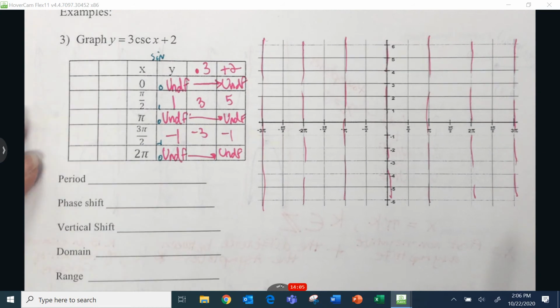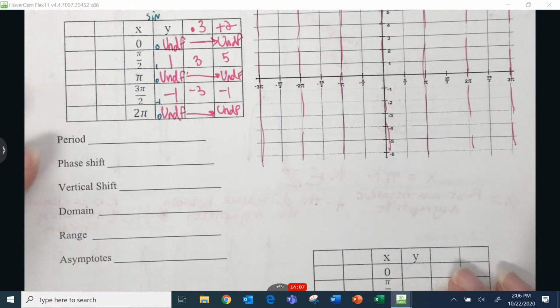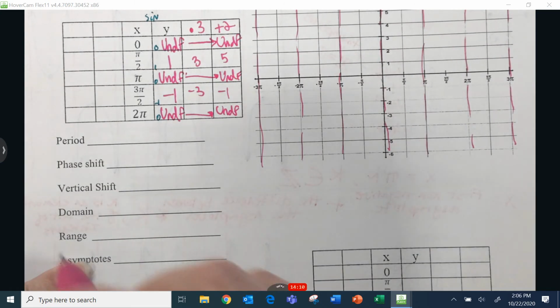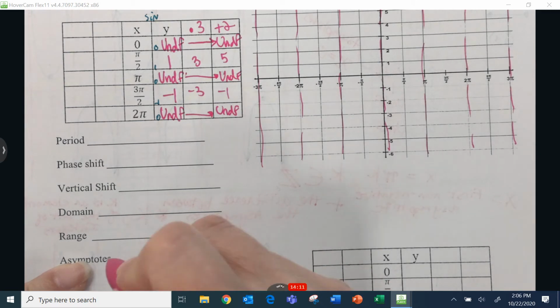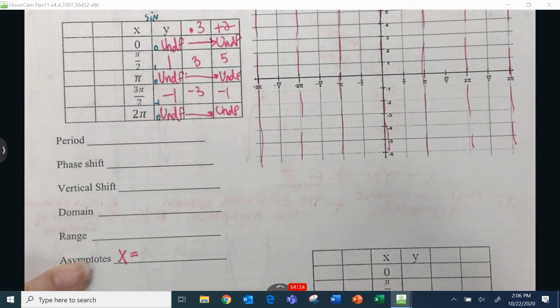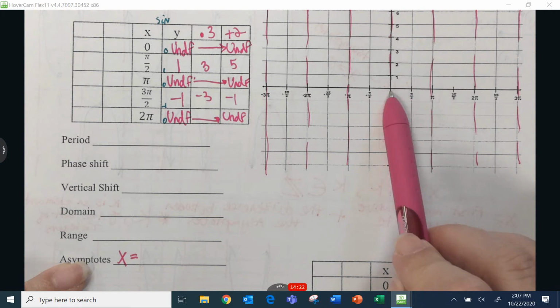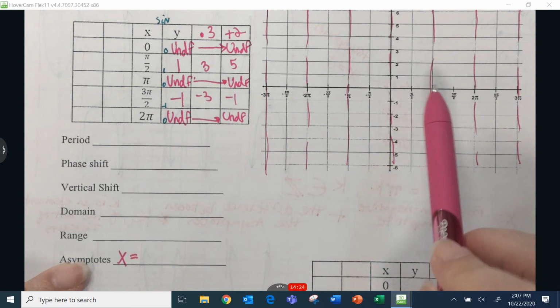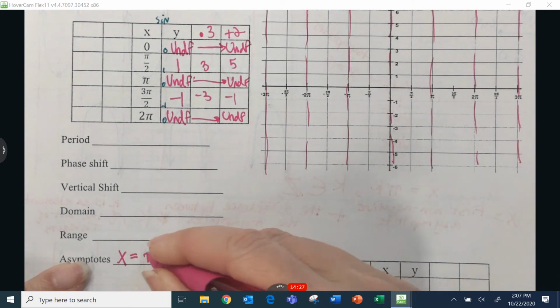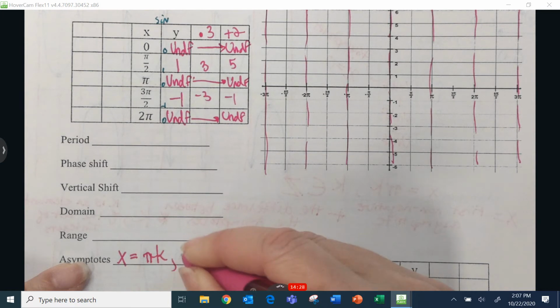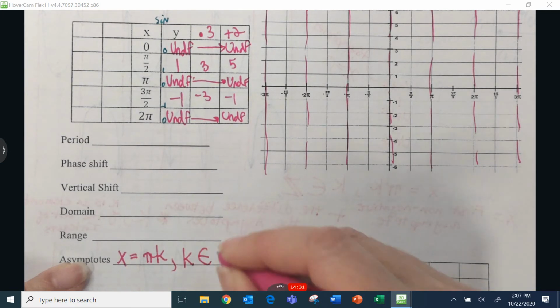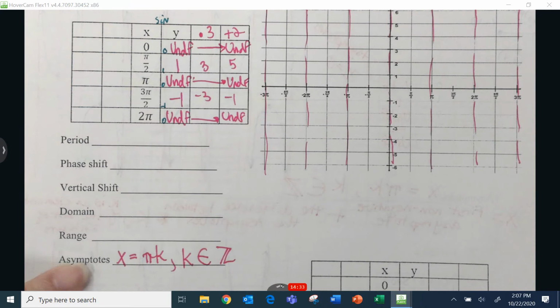And since I'm doing my asymptotes, I'm just going to go way down here and answer what my asymptotes are. So x equals, what is our first non-negative asymptote? 0, so I'm not going to write it, it's there. Plus, we have to say how far apart they are. Pi multiplied by k. And that's where k is an element of the set of integers.